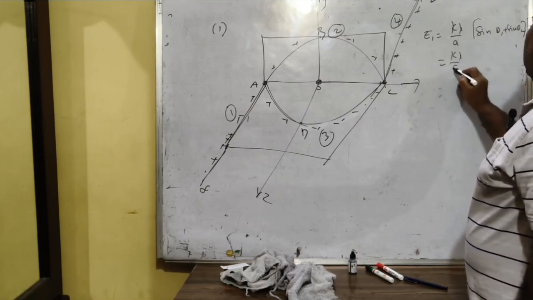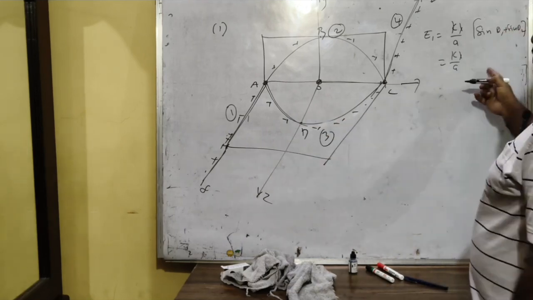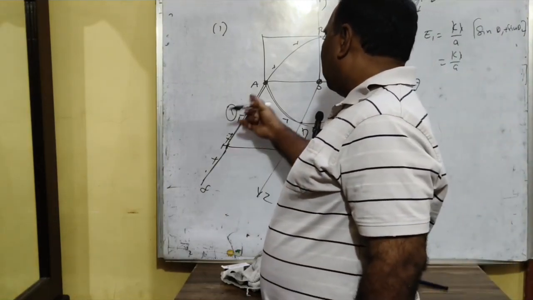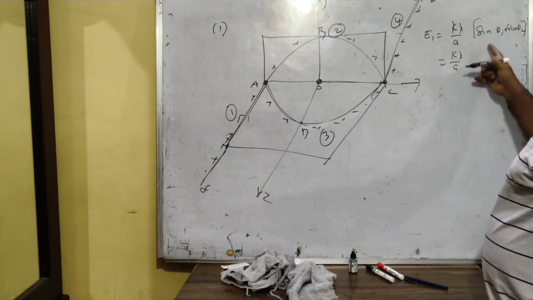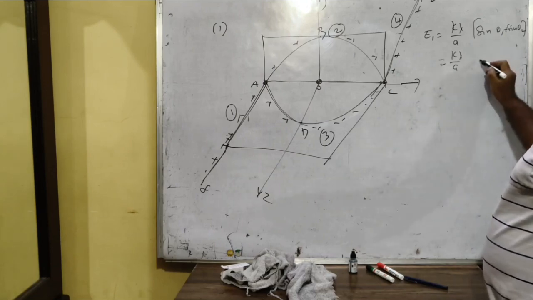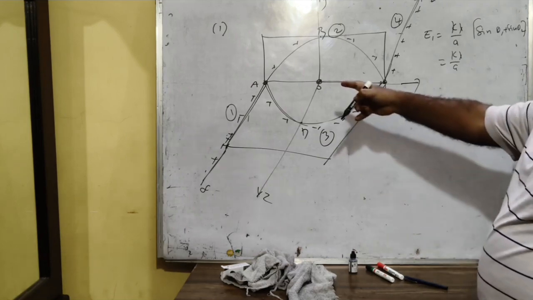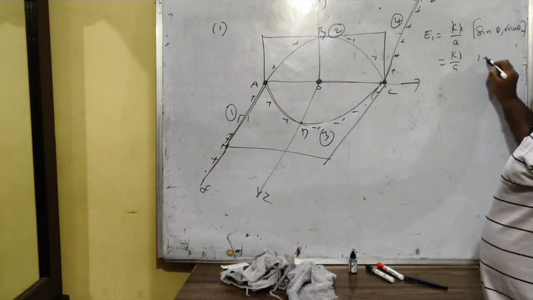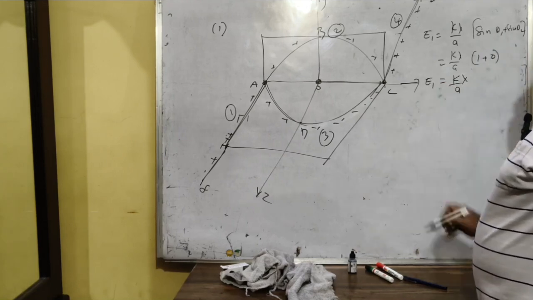What is the angle here? One angle is infinite, means 90 degrees. Let this be theta 1, this theta 2. Theta 1 is 90 degrees, sin 90 means 1, plus what is sin of the other angle? The other angle is 0. That's why here 1 plus 0. So the answer is E1 = kλ by a.